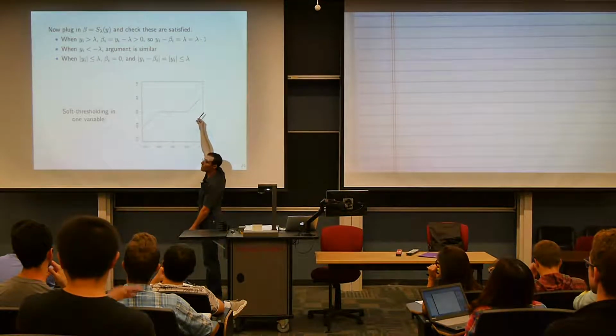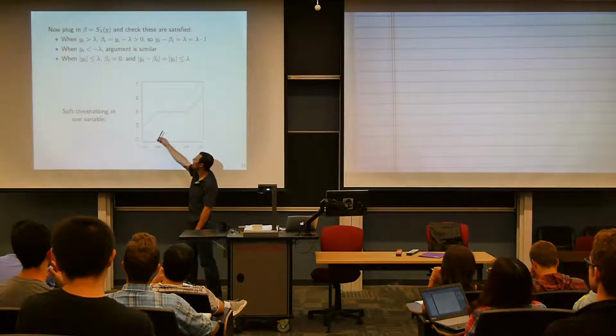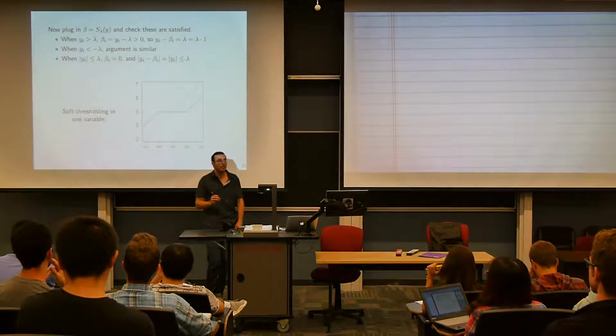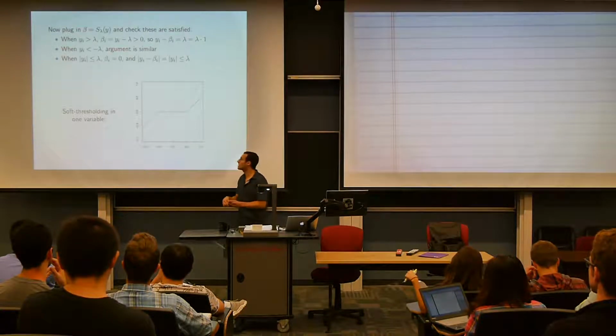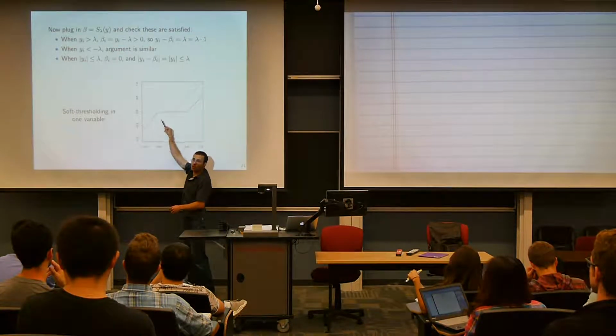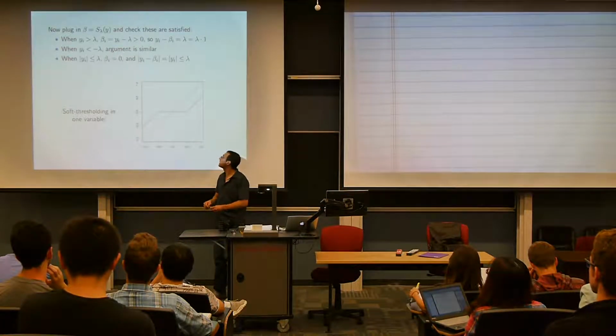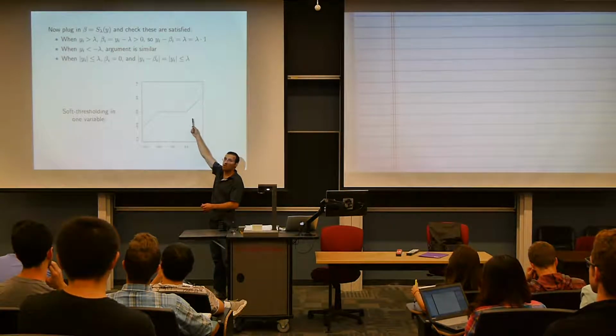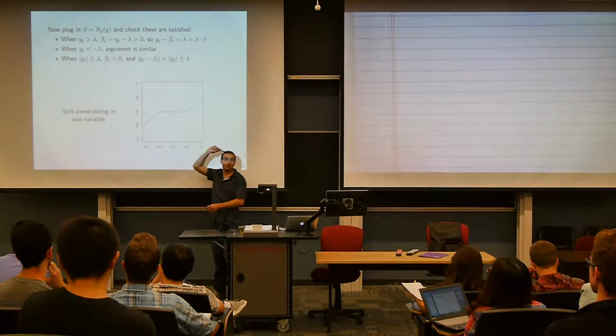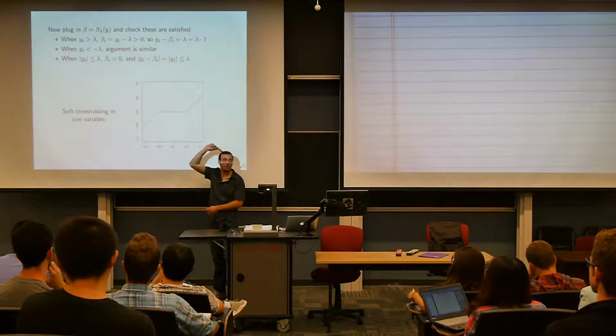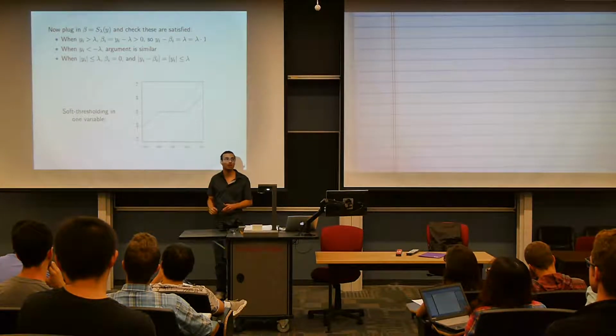Otherwise, it subtracts a half from y if y is positive, or it adds a half to y if y is negative. So it thresholds, which means it sets y to 0 if y takes a small value, where small is defined by less than lambda in absolute value. But it's a soft version of the thresholding operator, which means that it doesn't actually retain the original values of y. It still makes them smaller.